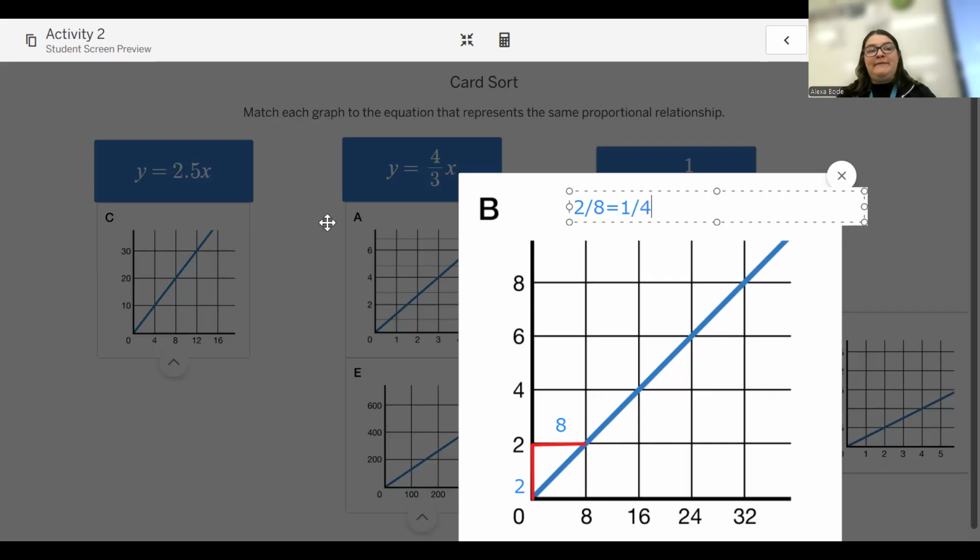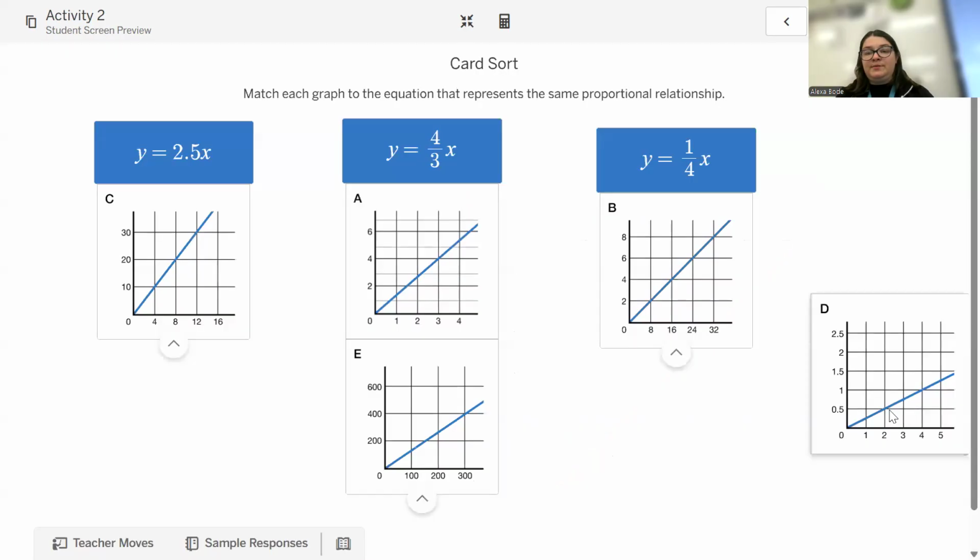So that simplifies to 1/4. So the slope of this line is 1/4. It looks like the slope is 1, but you have to pay attention to how the x and the y axis is scaled. The x-axis is going up by 8s, the y-axis is going up by 2s. So you can't just count the squares there. This has a slope of 1/4.